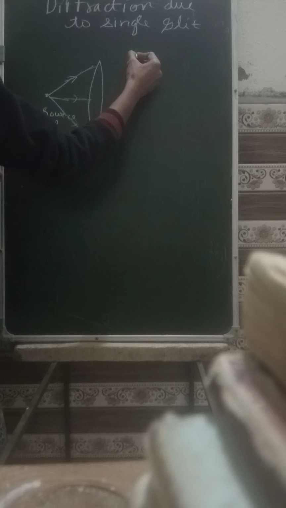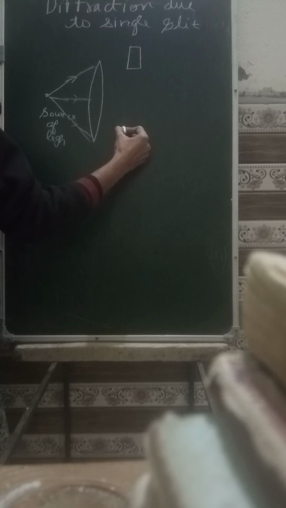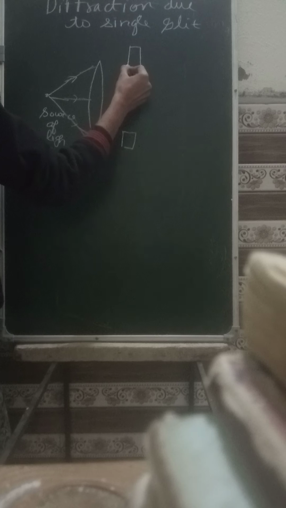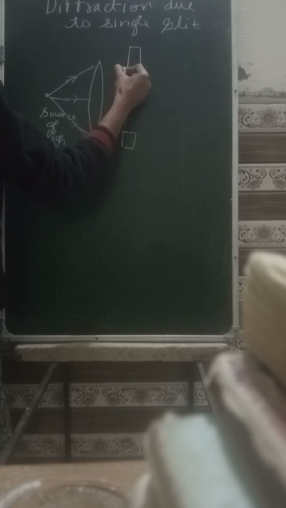After that we take a single rectangular slit, and the distance is D, and the single slit is AB.